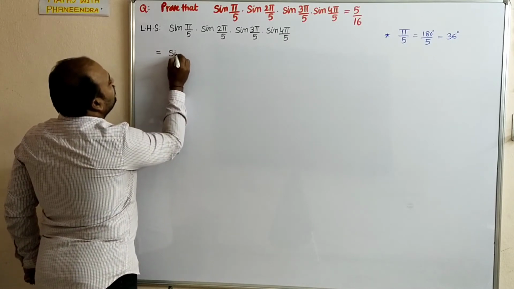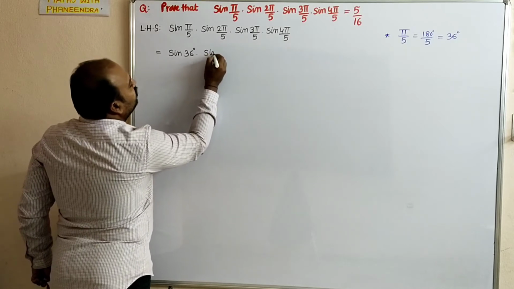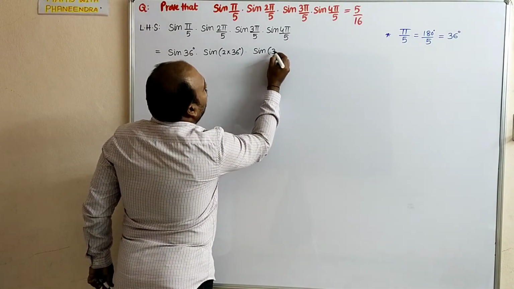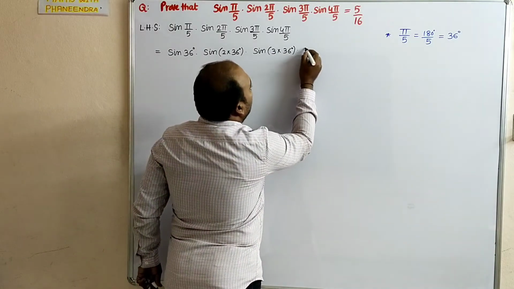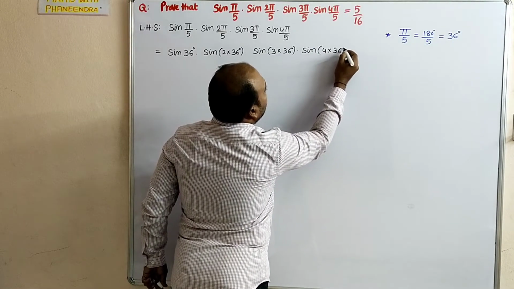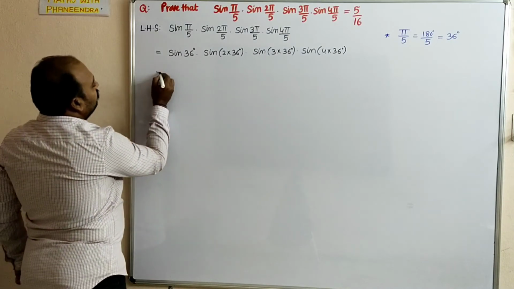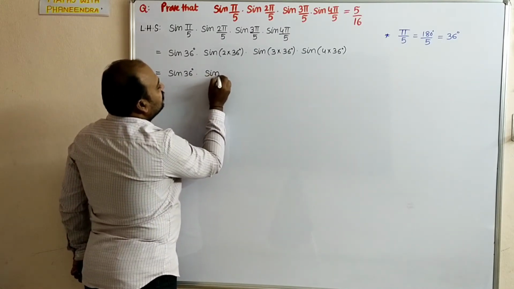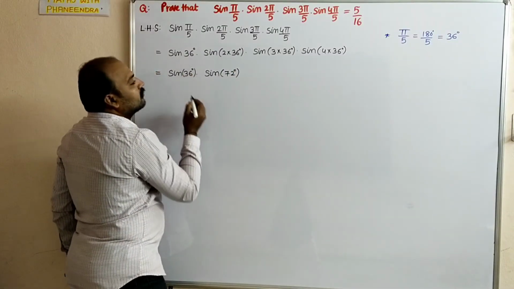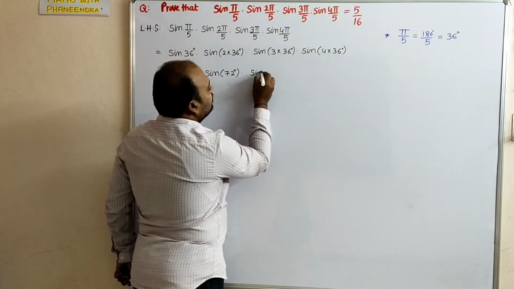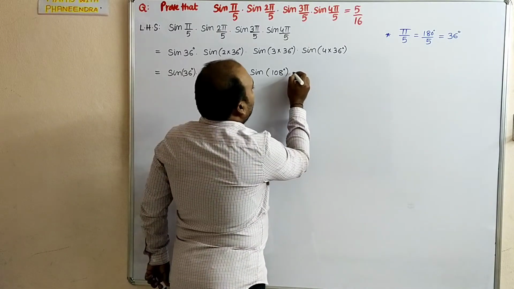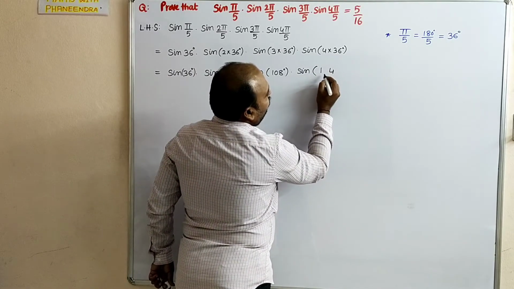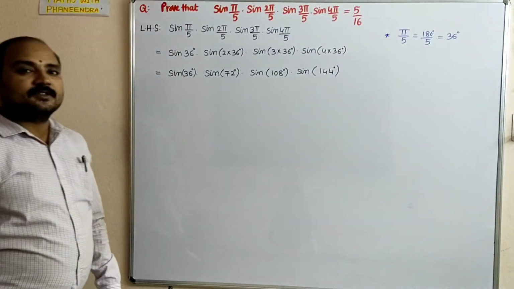So sin 36 degrees into sine of 2 into 36 degrees into sine of 3 into 36 degrees into sine of 4 into 36 degrees, which is equal to sine 36, sine 72 degrees, sine 108 degrees, sine 144 degrees. 36 into 4.